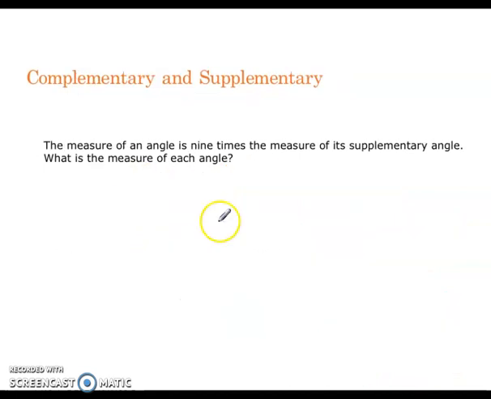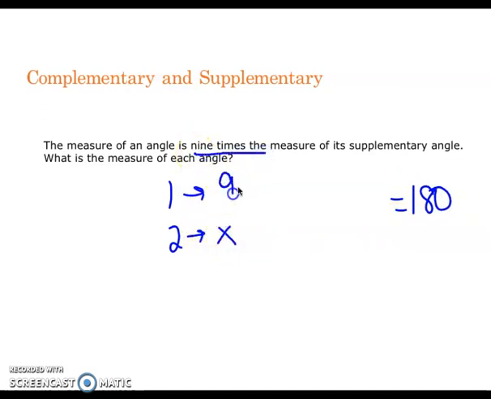Okay? The last example is the same as the two that we've just done. It says the measure of an angle is 9 times the measure of its supplementary angle. So we know it's going to be 180 degrees. We don't know the second angle, but we know the first one is 9 times the measure. So we let that be 9x. The total would be 10x. I divide by 10, I divide by 10.